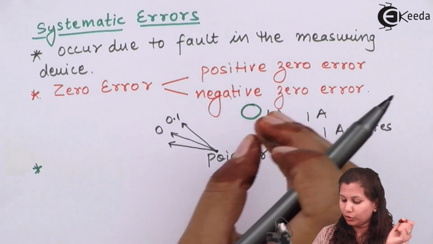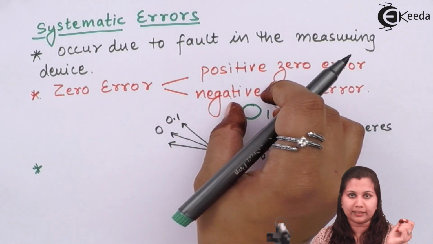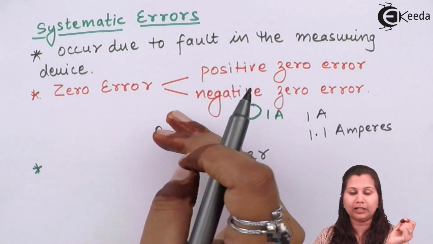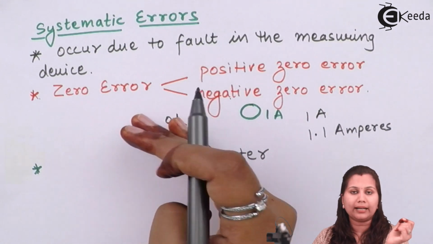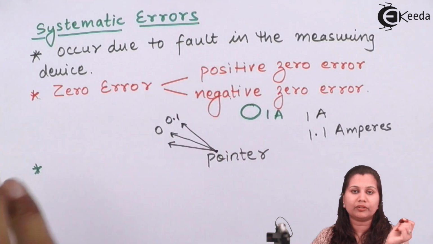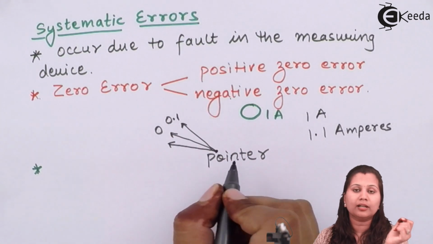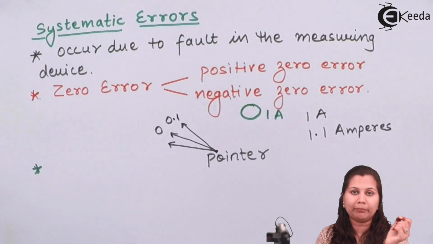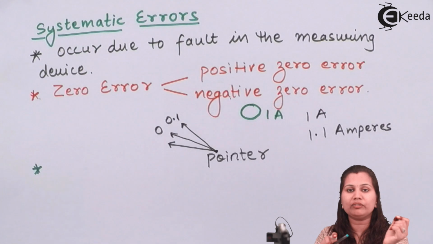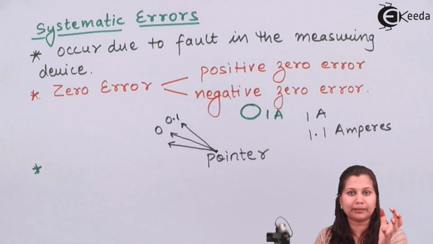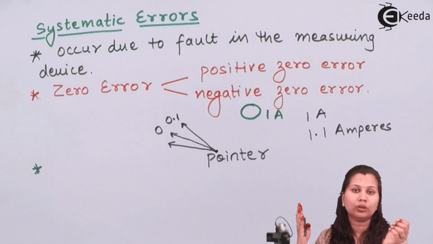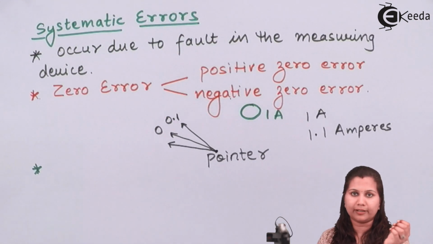We connect this ammeter in that circuit and make sure the pointer comes to the 1 ampere position. We can turn the screw on the ammeter so that the pointer is exactly at 1 ampere, and that means we have done the calibration of the instrument. Then we can use that ammeter to measure the current of other circuits also.